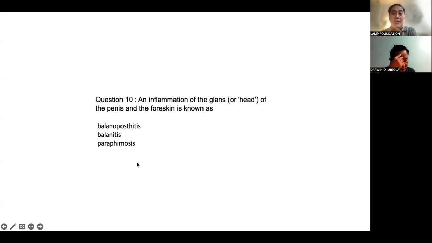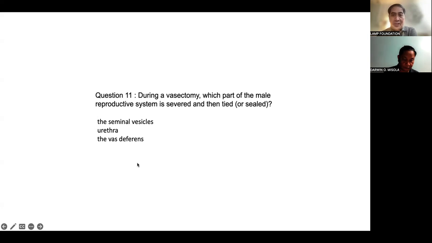An inflammation of the glans and the foreskin is known as? Balanoposthitis, Doc. During a vasectomy, which part of the male reproductive system is severed and then tied or sealed?